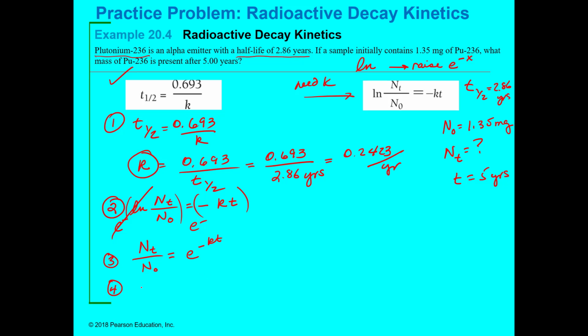So NT would equal N0, I have to multiply across, times e raised to the negative KT.